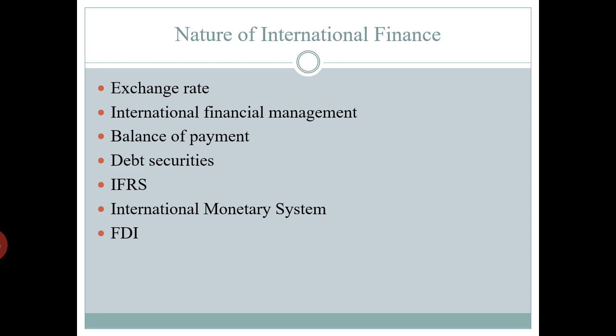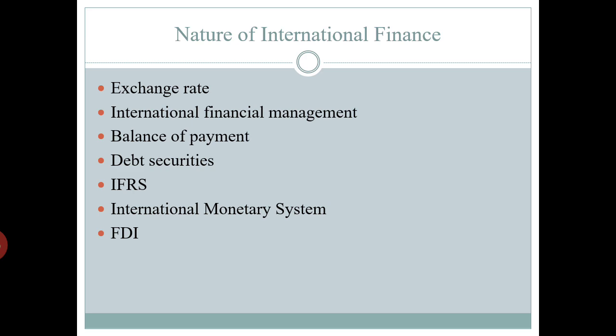The balance of payment is a statement of all the transactions made between entities in one country and the rest of the world over a defined period of time, such as a quarter or a year.